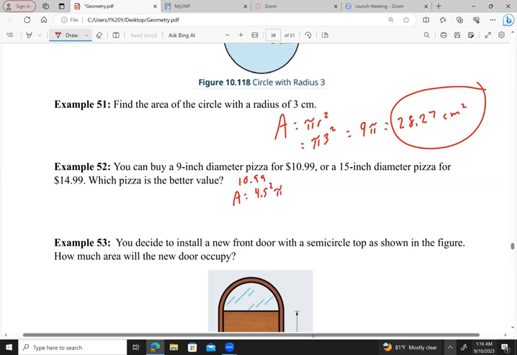The $14.99 pizza has an area of 7.5 squared times pi. So 4.5 squared times pi, square inches, and 7.5 squared times pi. And this is roughly 176 square inches.